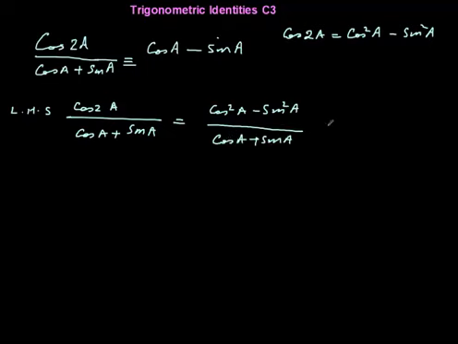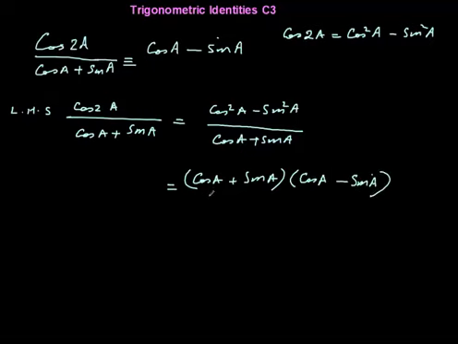The cos double angle formula is actually a difference of two squares, so if I factorize it, I will get cos of a plus sine of a multiplied by cos of a minus sine of a.